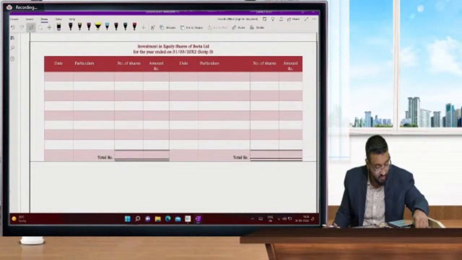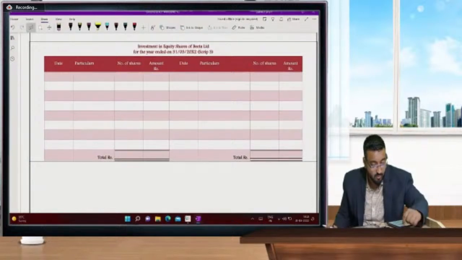Now there is no sale, only P&L. Hai hi nahi na, sold kiya hi nahi hai. Beta, bahut accha hai beta. Investment in equity shares of Beta Limited.